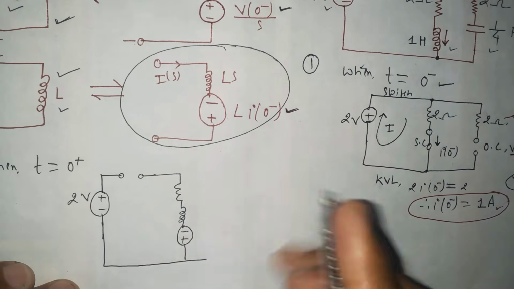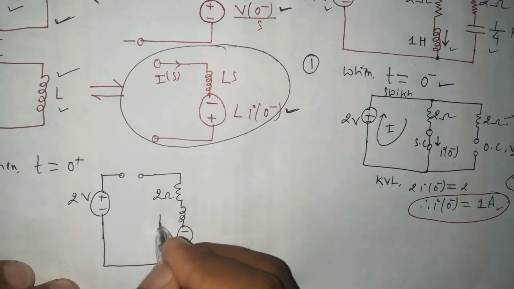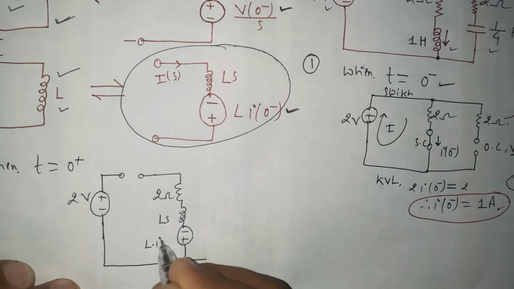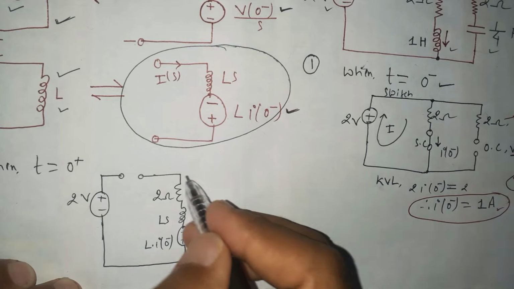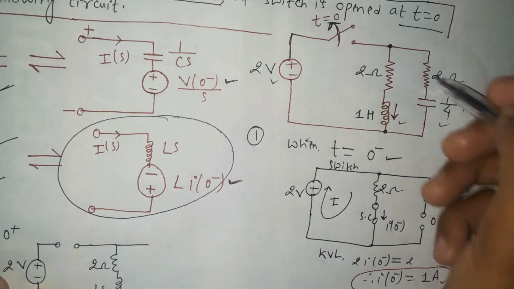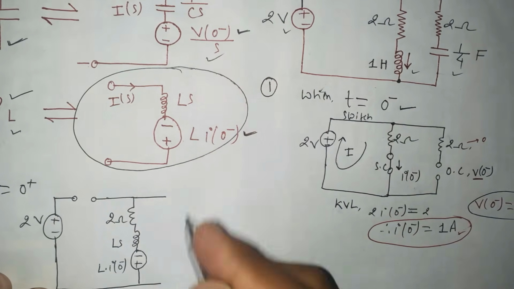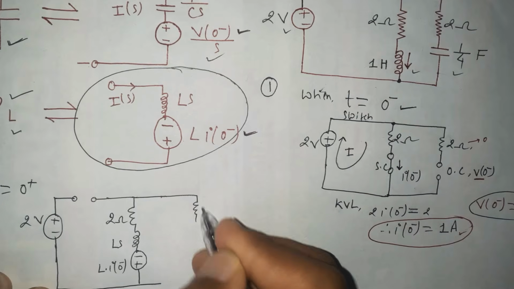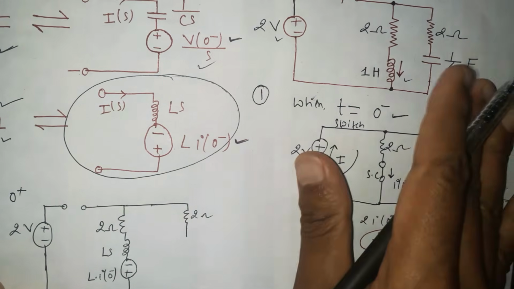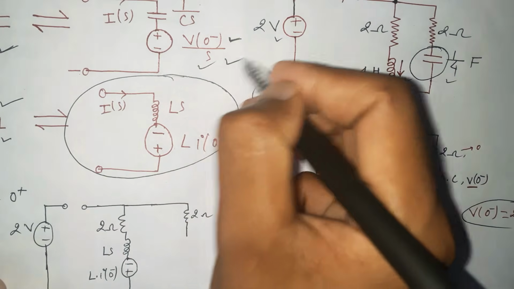Let me draw the complete circuit. This is just 2 ohm, this is Ls, and this will be L times I of 0 minus. The next part is replacing this capacitor by this circuit. Here is also the resistance 2 ohm, and in place of the capacitor, we have to insert this circuit.